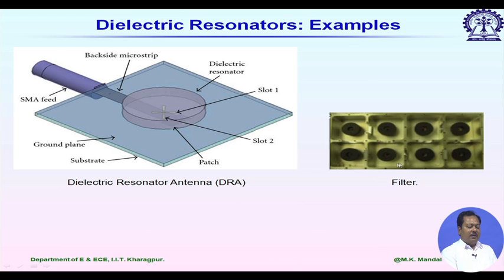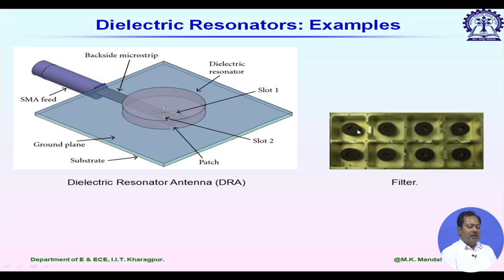This right figure shows uses of DRA in filter applications. This is a rectangular waveguide cavity filter, with a resonator inside each cavity. Here you can see we actually have 8 cavities, and coupling between 2 cavities is controlled by irises. It is a cutaway view, and this dielectric resonator is basically a ring resonator where we have an air via at the center.